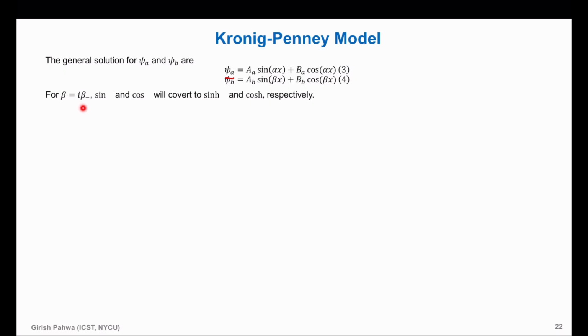Correct. So for that, sine and cos, if you put i beta minus x here and i beta minus x here, that will convert sine and cos to sine hyperbolic and cos hyperbolic. So this thing I'm saying.